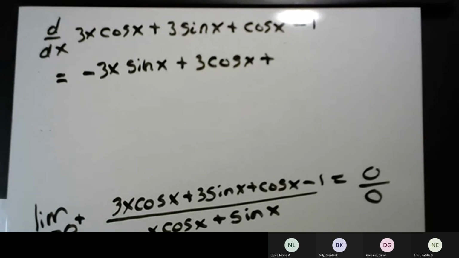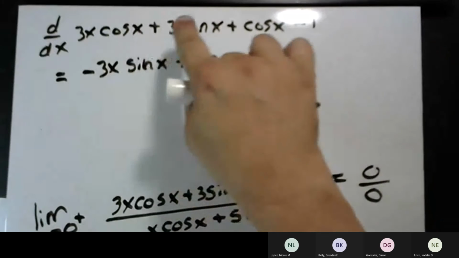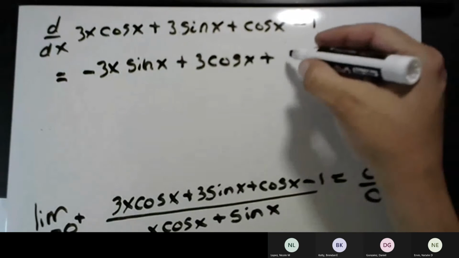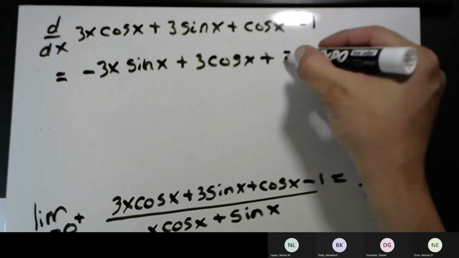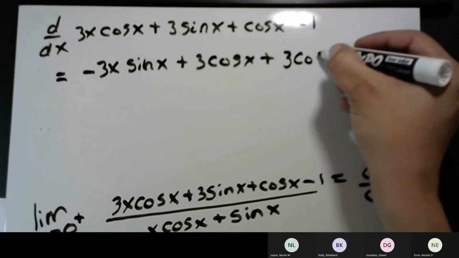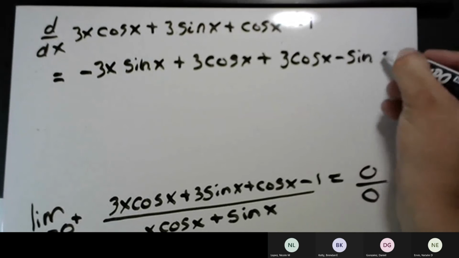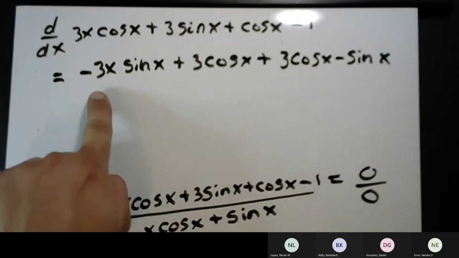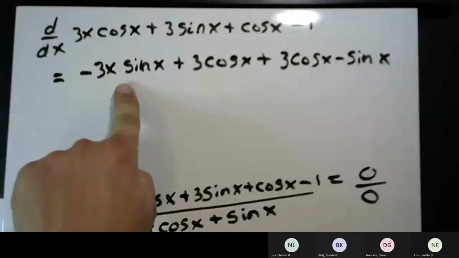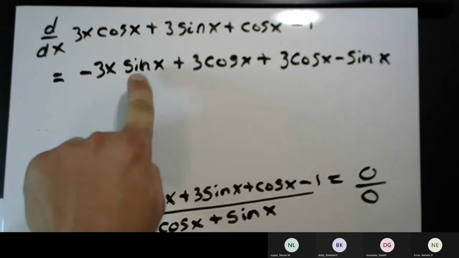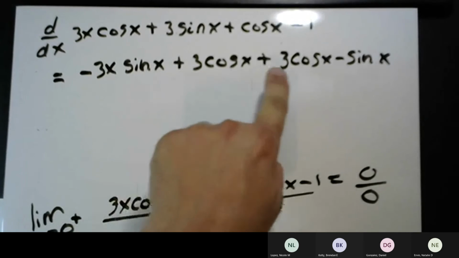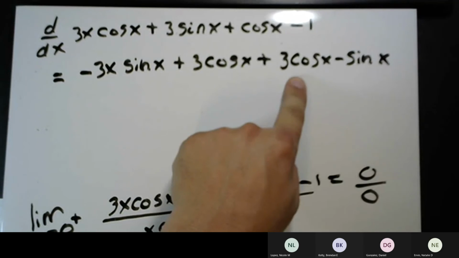Don't want to forget my trig identities. So we've got this, and we have 3 times cosine x minus sine x. Double check, make sure that makes sense. Okay.